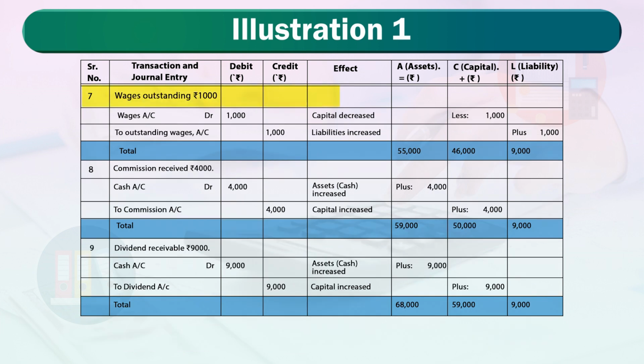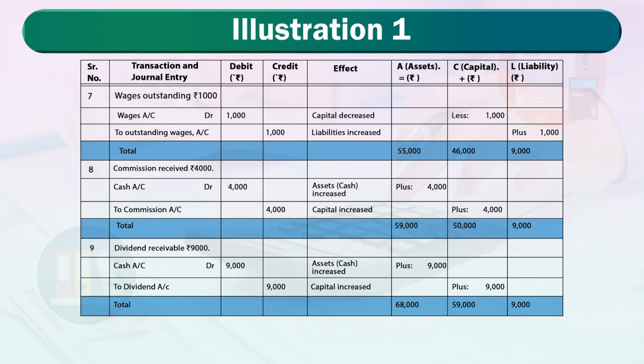Next is wages outstanding, rupees 1,000. Wages account gets debited by 1,000 to outstanding wages account of 1,000 rupees. Now remember that wages is an expense, so we have debited, and outstanding wages becomes the liability, so we have credited.